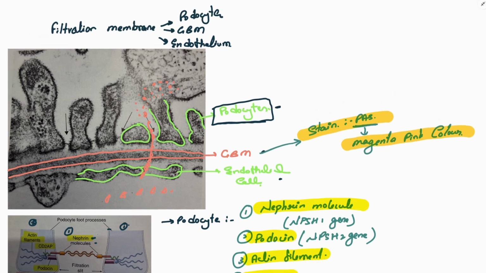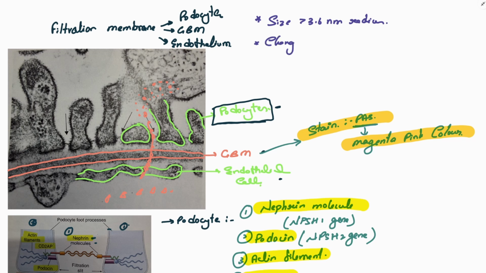Now let's discuss some of the important points regarding the filtration membrane. For example, for a particle to pass through the podocyte, the particle size should be less than 3.6 nanometer radius. So it can be easily filtered through the glomerular membrane.